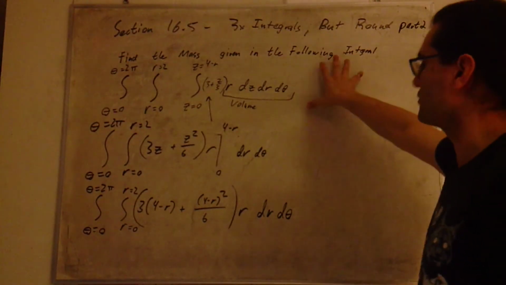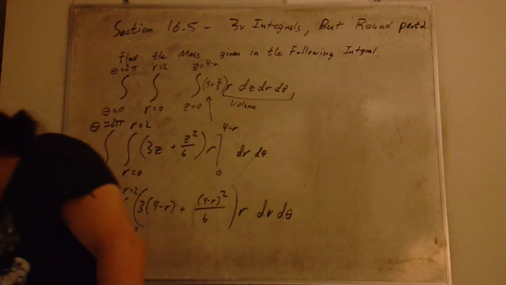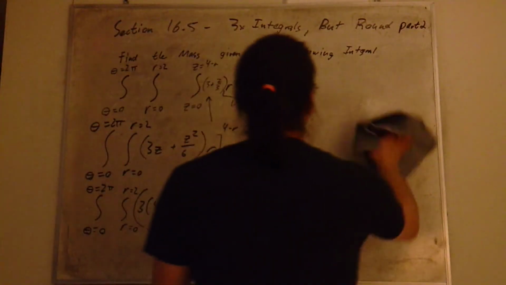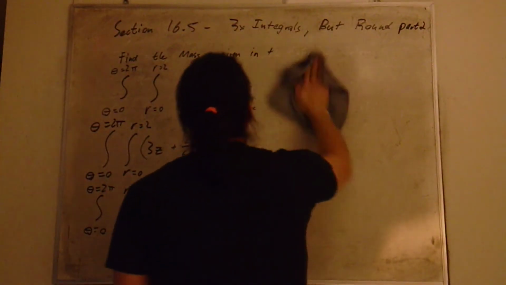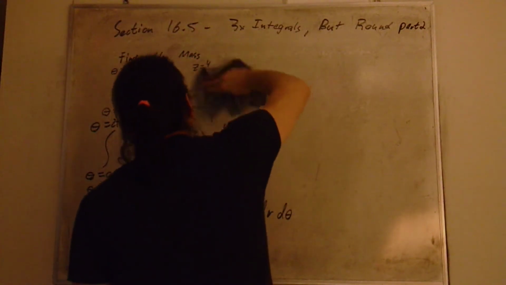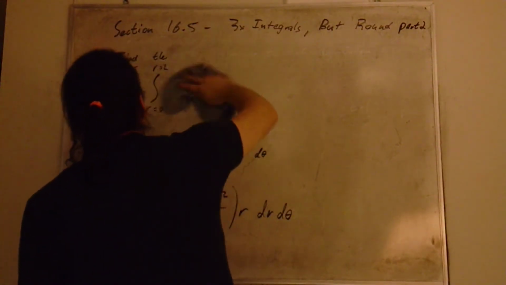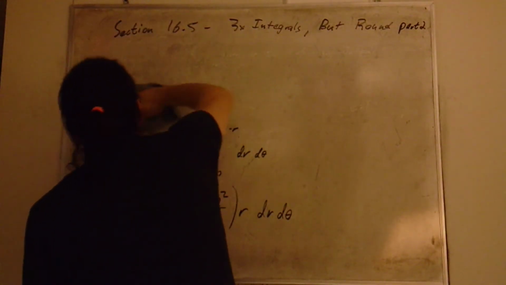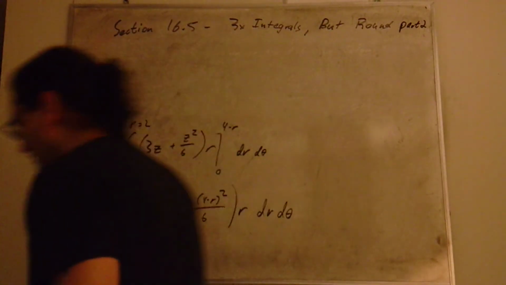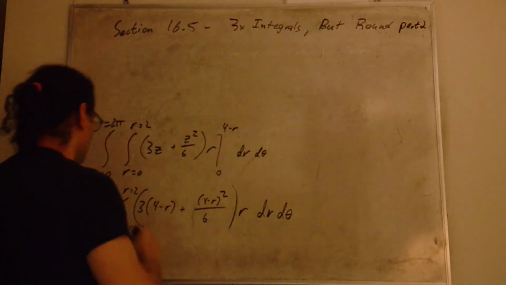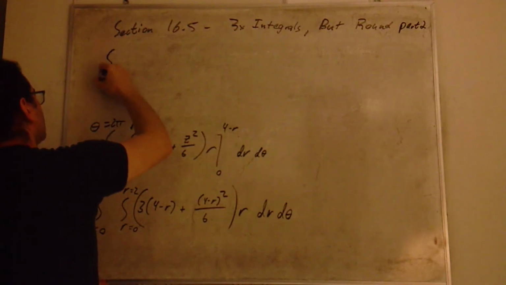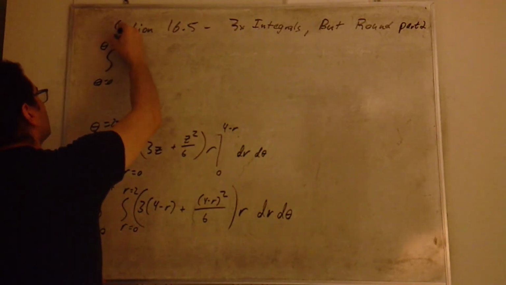I'm going to start rewriting up here. Okay. We're still going from theta equals 0 to theta equals 2 pi.